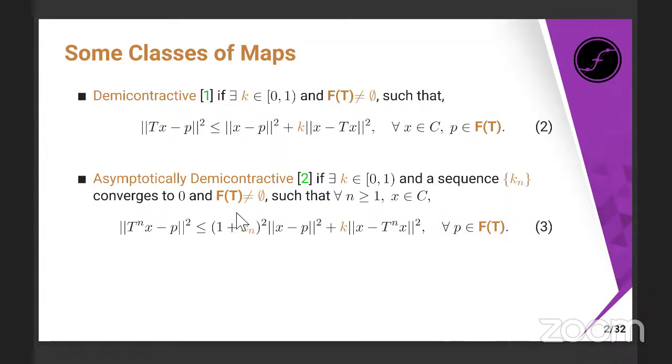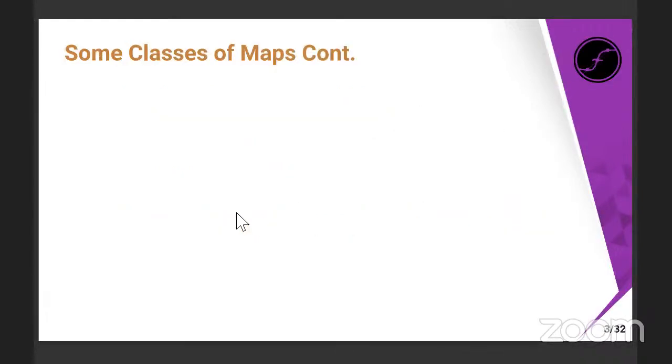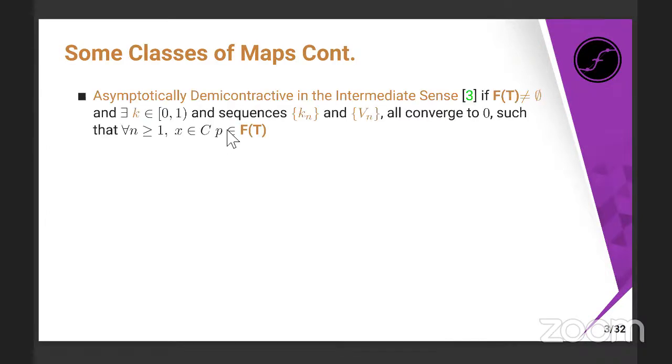Actually, in 2013, Olaleru and Okeke introduced another class of nonlinear mapping which is more general than asymptotically demi-contractive mapping. They called it asymptotically demi-contractive in the intermediate sense, which is defined by inequality 4 with a constant k in the interval [0, 1), two null sequences v_n and k_n, and a non-empty set of fixed points.